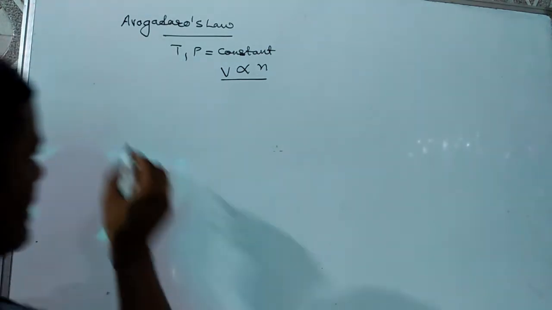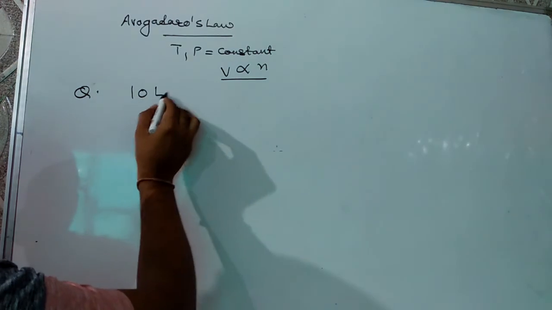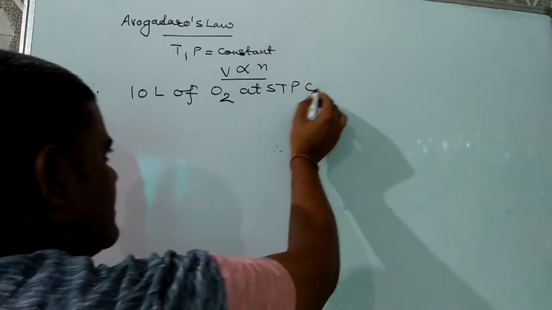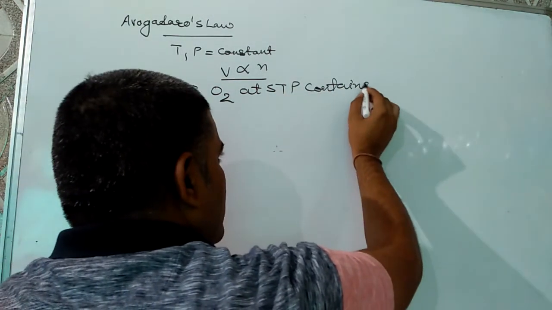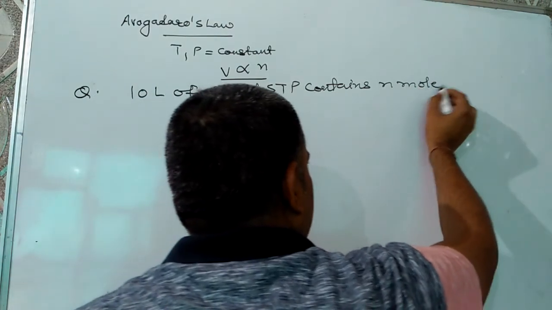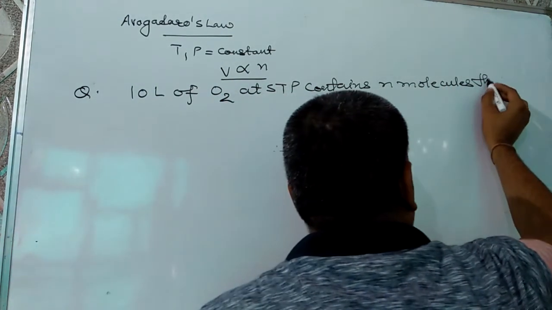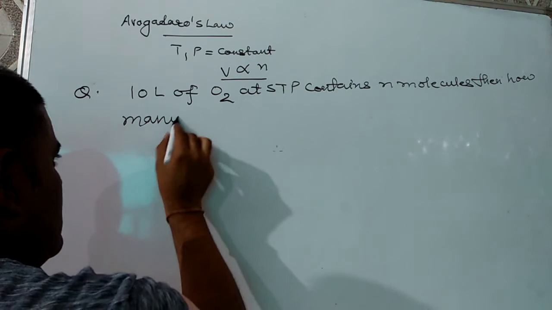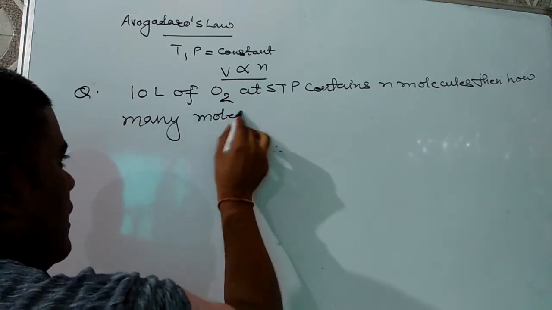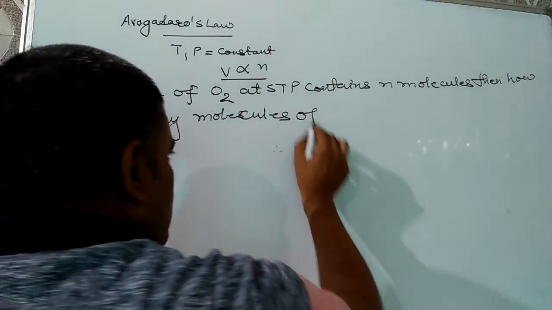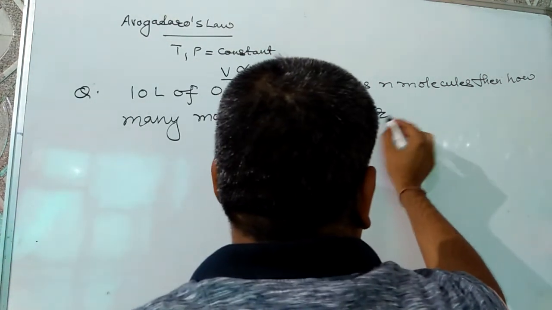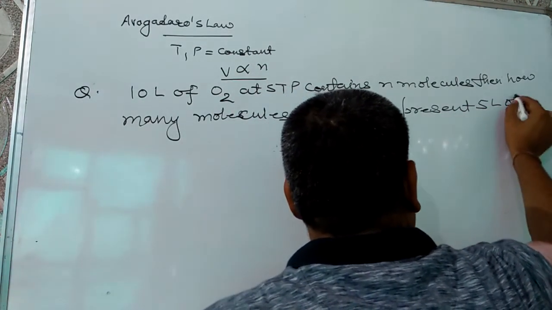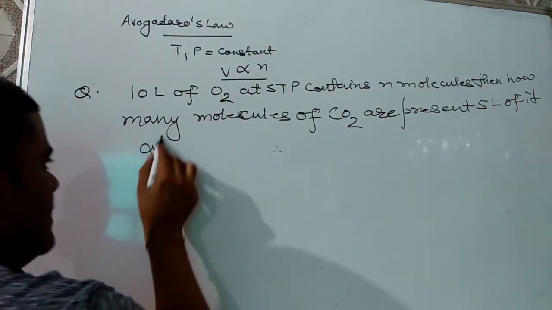For example, a question might be: if 10 liters of oxygen gas at STP contains n molecules, then how many molecules of CO2 are present in 5 liters of it at STP?